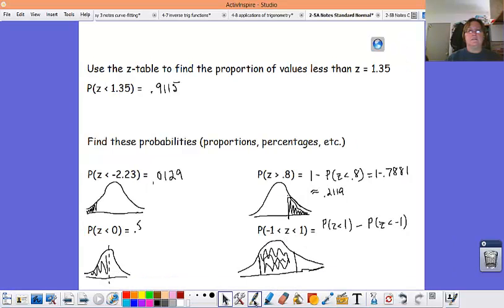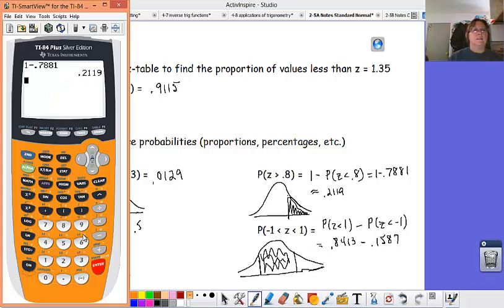All right, here we go. Let's do that subtraction. 0.8413 minus 0.1587 is 0.6826.